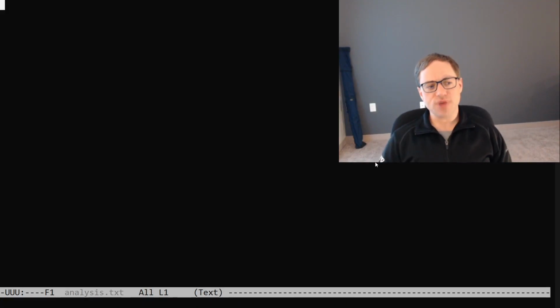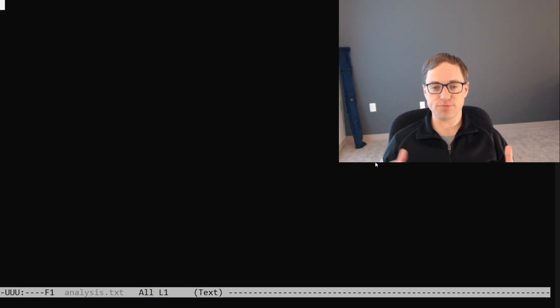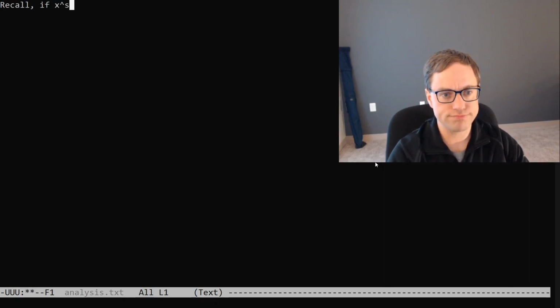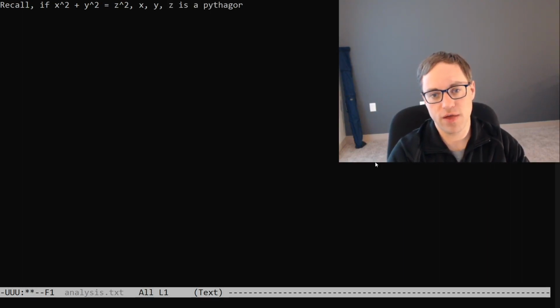So when I was first trying to come up with an efficient way of solving this problem, I decided to take inspiration from the idea of a Pythagorean triple. Recall, if x squared plus y squared equals z squared, then x, y, z is a Pythagorean triple.